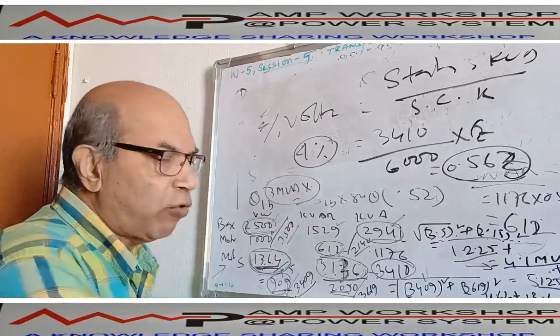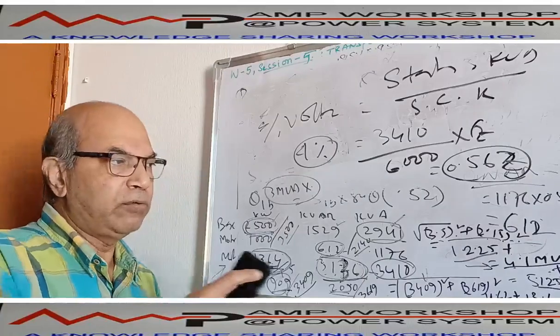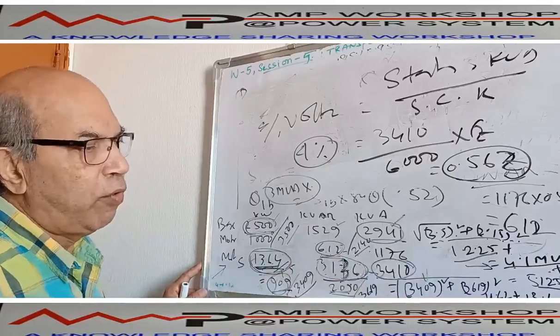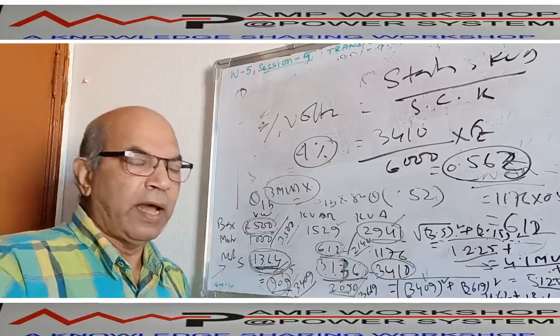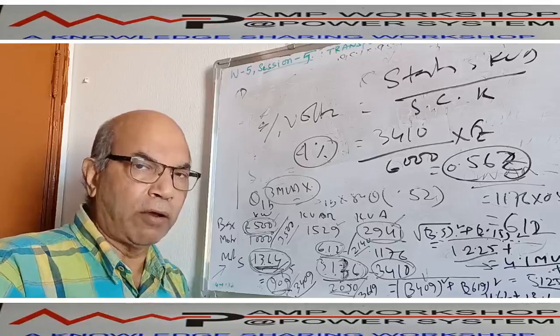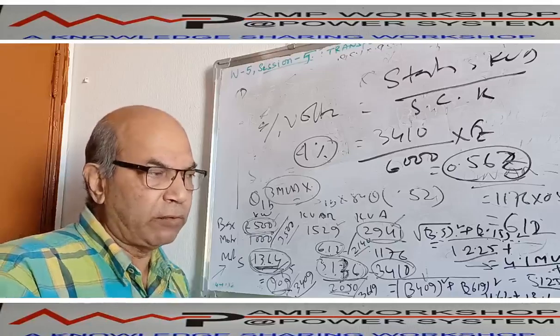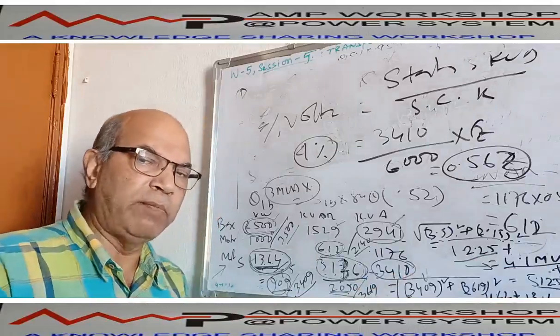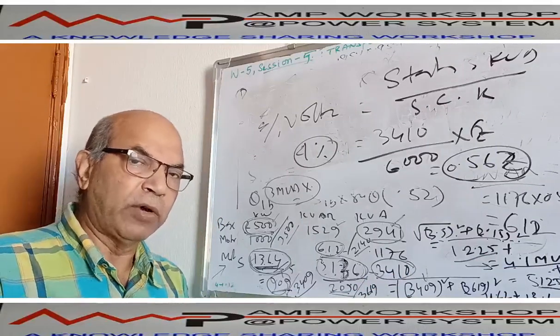Now here we can optimize the transformer size because though we are taking the 6 MVA transformer, actually we will be using only about 4.1 MVA, and the balance power will remain idle always. Even with the 20% future load coming, it will be coming only 5 MVA. Still 1 MVA of power will be kept spare for the motor starting.